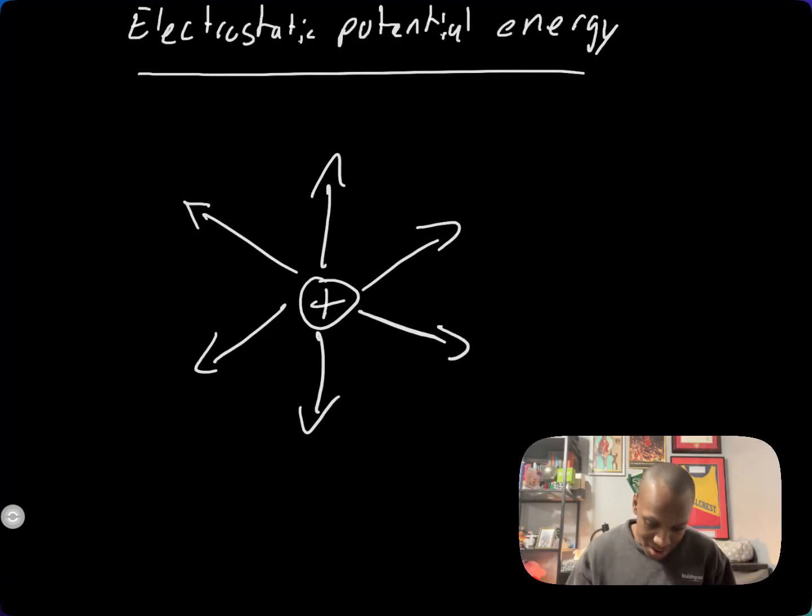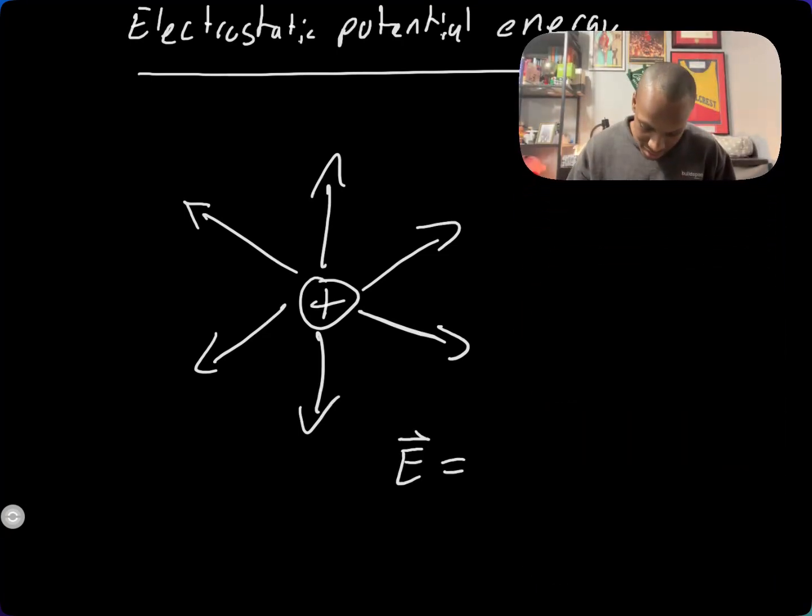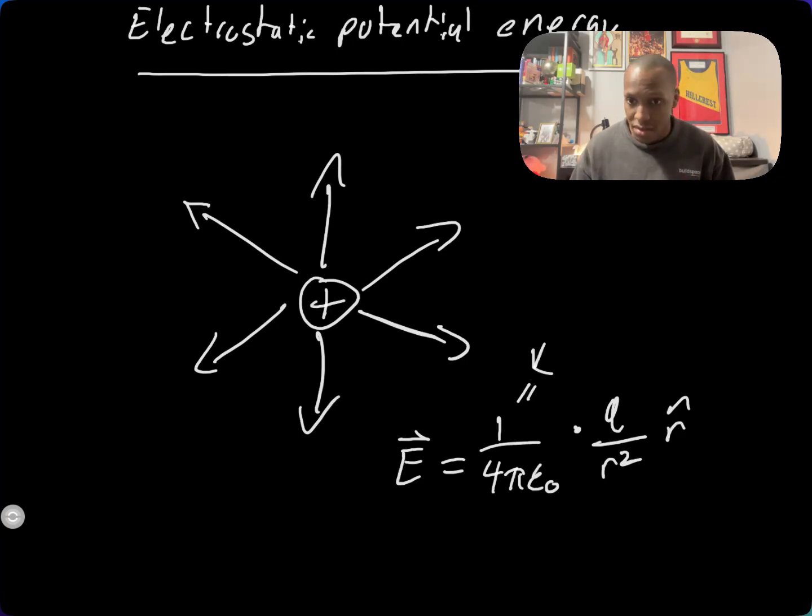And the equation for an electric field at some point is a vector: 1 over 4 pi epsilon naught, which is also the value for K, Coulomb's constant, multiplied by Q over R squared times R hat, which is the unit vector in the direction of the point. So Q is the charge that's generating the field, and R is the distance that the point in space is away from that charge.